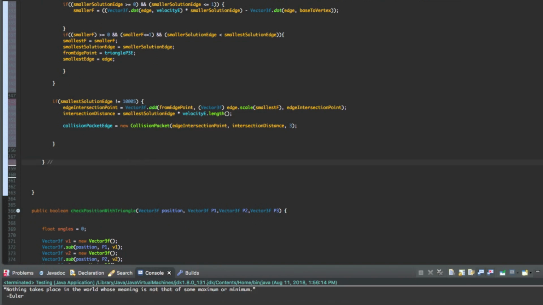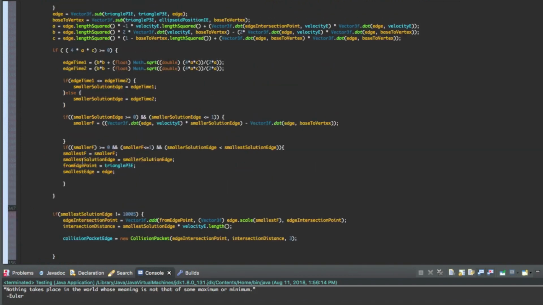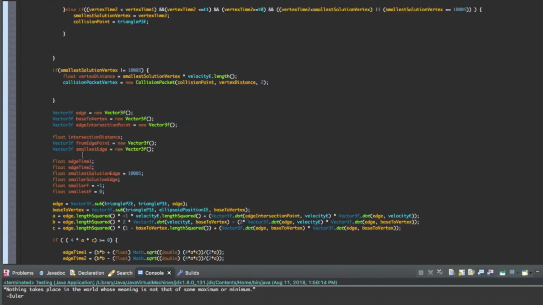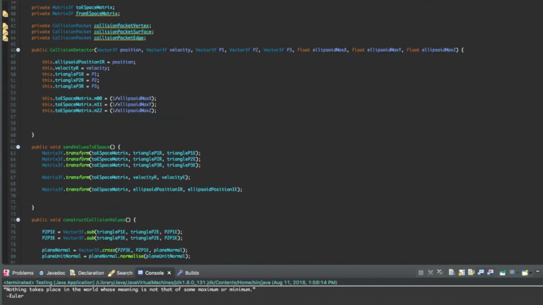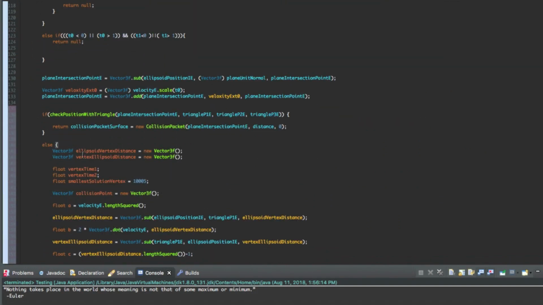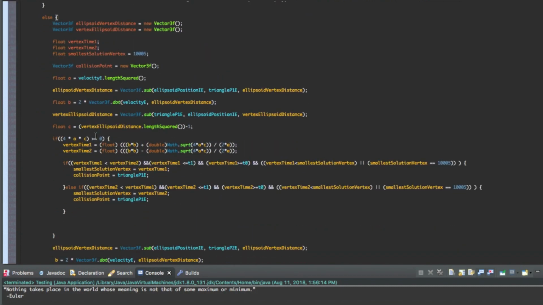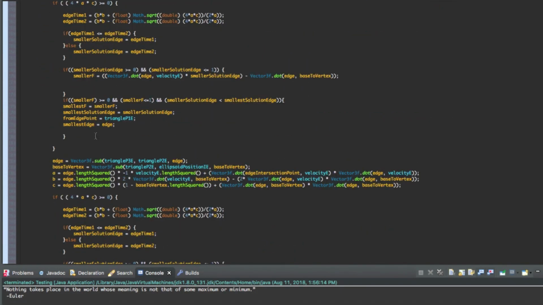And if it's been a surface collision packet, then we actually already returned from this program early. So now we have to just find out which collision packet is actually closest to our position in the world. And then once we have that figured out, we can send it off and return from the method.